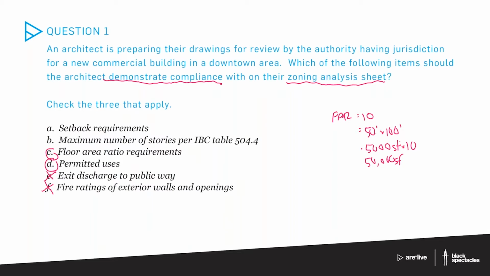So while zoning can certainly tell you how many stories you could build, this answer choice is referring to a building code requirement that is a life safety issue. It has to do with the occupancy classification, the construction type, and whether or not the building is sprinklered.